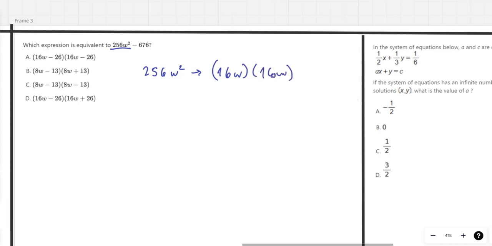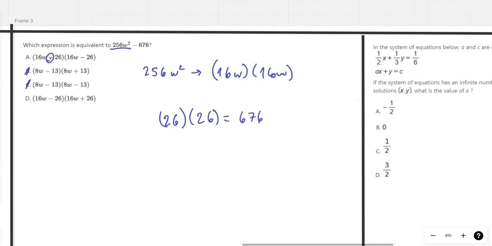So it would make sense for us to put that somewhere in the front, right, as our first terms. We have 16w in these answer choices. Now we just need to figure out the sign on the 26. And so it looks like that trailing term 26 times 26 will get us back to 676.